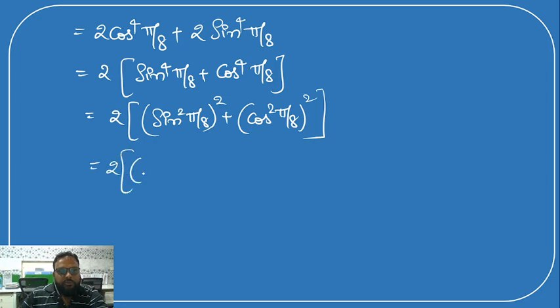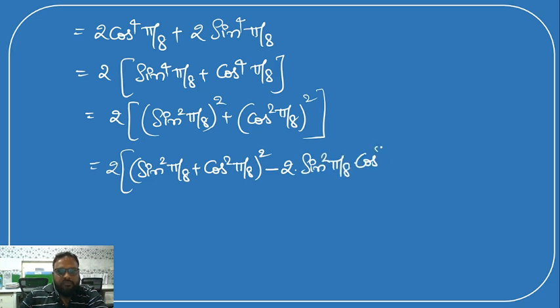So 2 into sin square pi by 8 plus cos square pi by 8. A square plus b square is a plus b whole square minus 2ab. So a plus b whole square minus 2 into sin square pi by 8 into cos square pi by 8. So this a square plus b square, I wrote this as a plus b whole square minus 2ab.